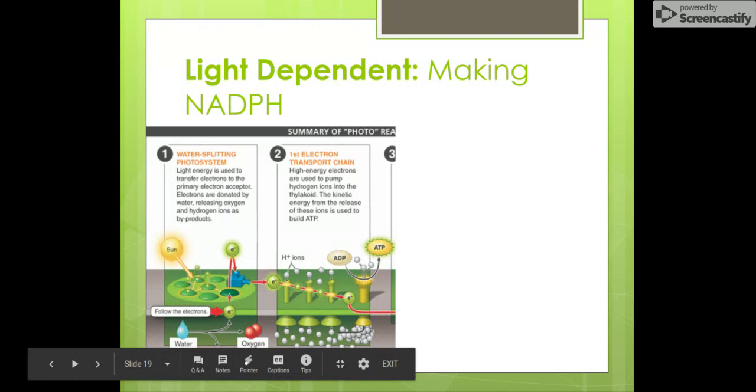Then we also have those protons, which are now inside the thylakoid. Oxygen is released. Electrons jump down these energy levels, pumping hydrogen ions across. Now we have a really strong concentration gradient. Those protons flow through this enzyme, and we start making ATP.